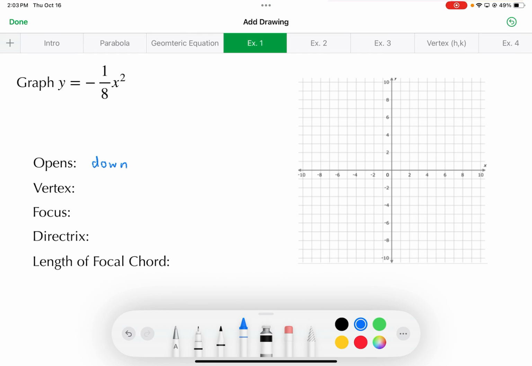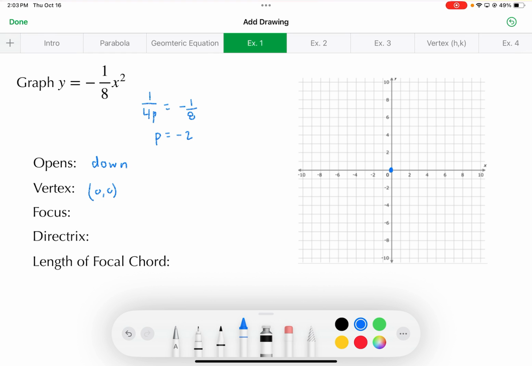Now, I can take that negative 1/8 and I'm going to set it equal. Our model has the coefficient as 1 over 4p, right? So what does that mean p is? It'd be negative 2. So notice the fact that it's negative also is telling me we're opening down. Vertex is the origin.